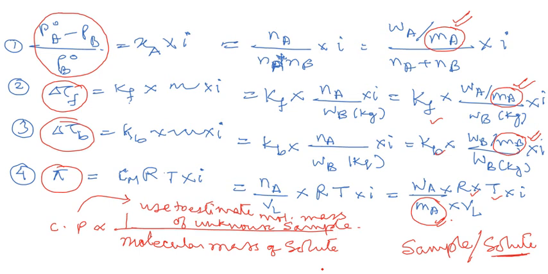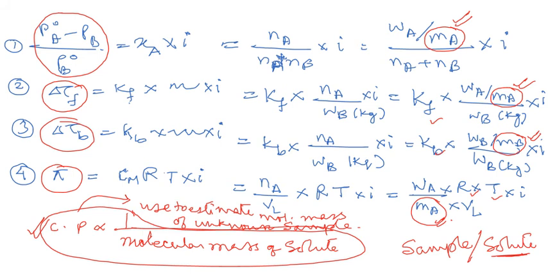Now when we are trying to estimate the molecular mass, we need to understand the relationship between the colligative property and the molecular mass. And what did we observe? We observed that the colligative property is inversely related with the molecular mass of the solute. Solute means the sample that we are considering.